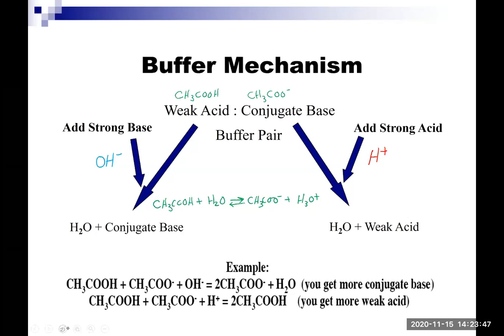So let's just look at the OH minus first. If we have OH minus and we start adding that to our solution, the question is, what is the OH minus going to do here? Which of these species is it going to react with? In other words, which member of our buffer pair is going to take the OH minus out of solution? And the fact is that the OH minus is going to react with this H plus in our weak conjugate acid.